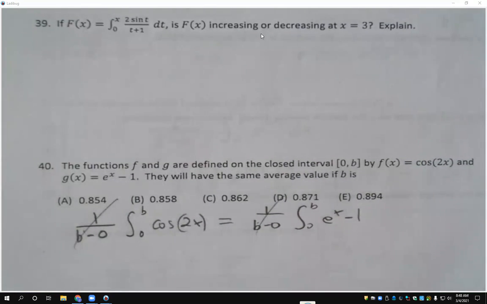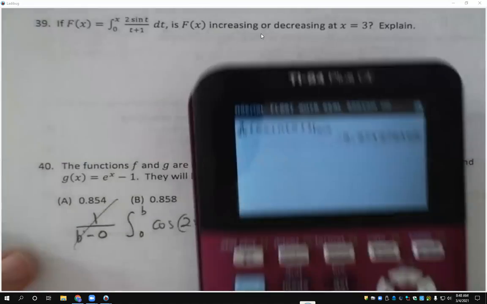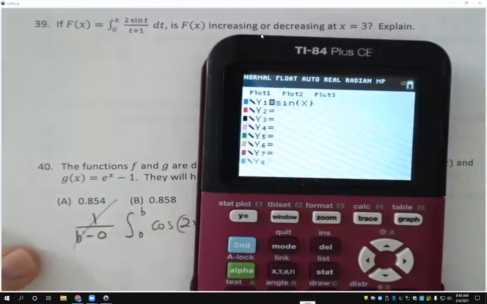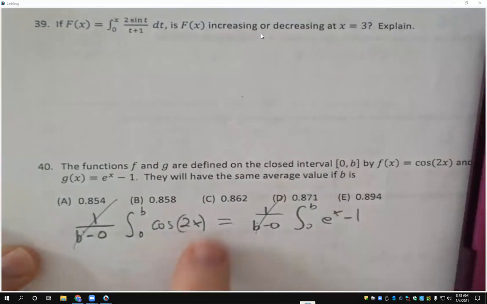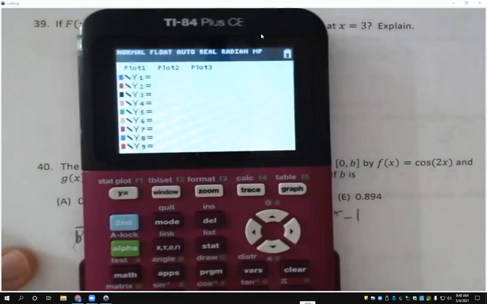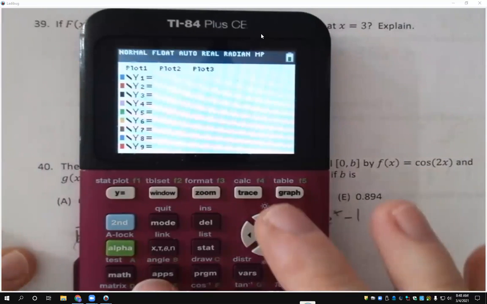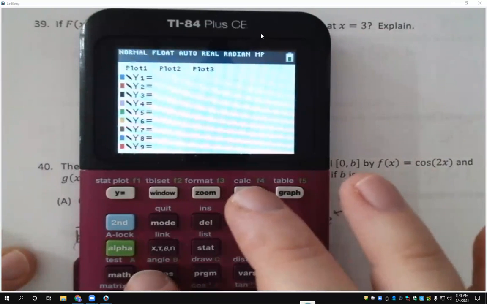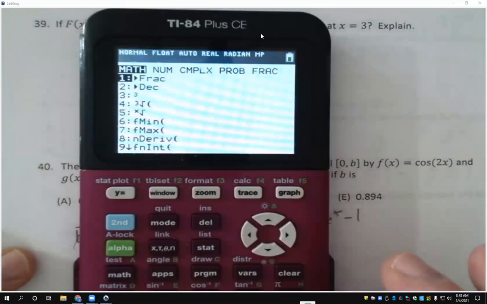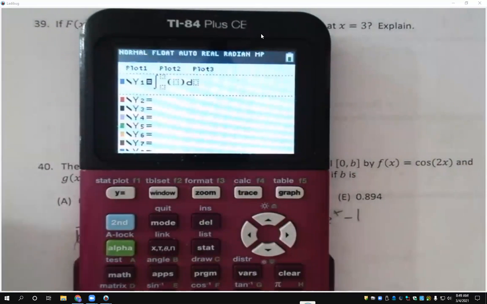And now I'm just going to type that into my calculator, in my y equals. I'm going to find when this graph is equal to this graph. The first one is math option 9, putting an integral in here.